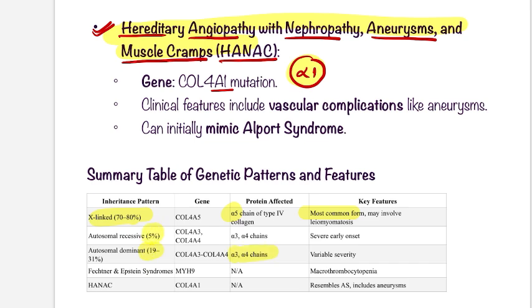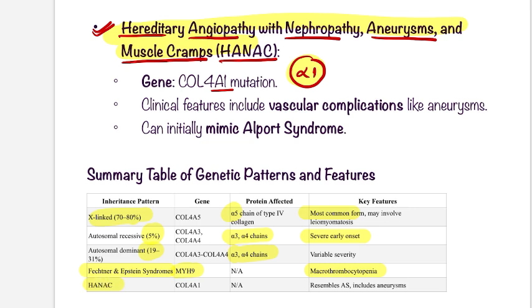Autosomal recessive is the third most common, alpha 3, alpha 4 genes. But just remember, autosomal recessive is severe with early onset. Syndromes like Fechner and Epstein syndrome are associated with macrothrombocytopenia, and the gene is MYH9. Another syndrome is HANAC, whose full form we have just discussed.